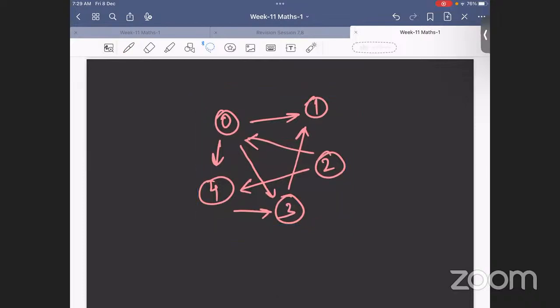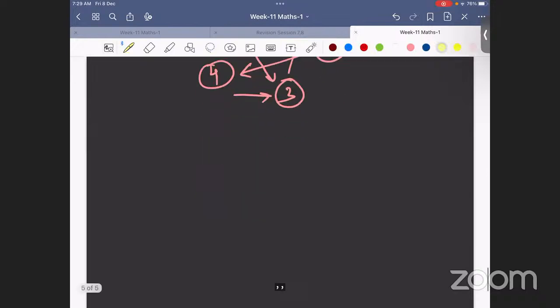How will you calculate the in degree? So what's the in degree for 0? You already know, right? What is in degree and out degree?